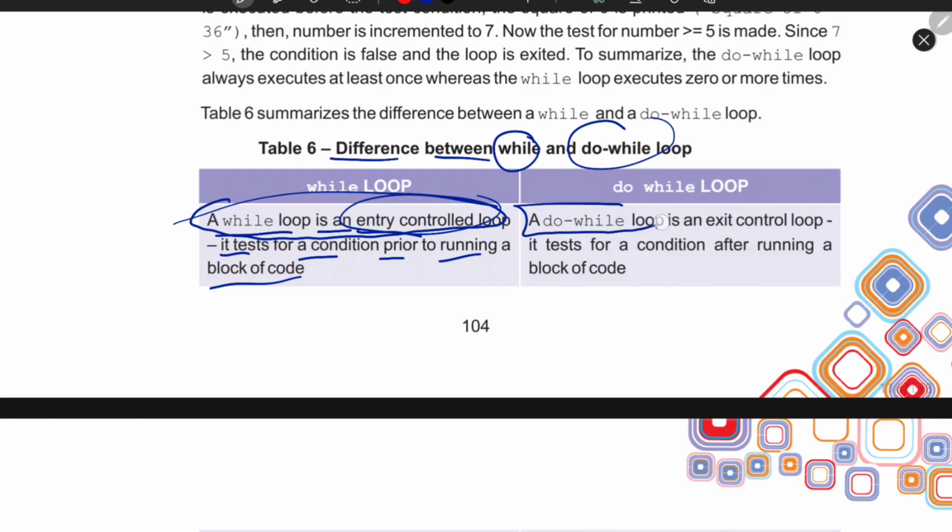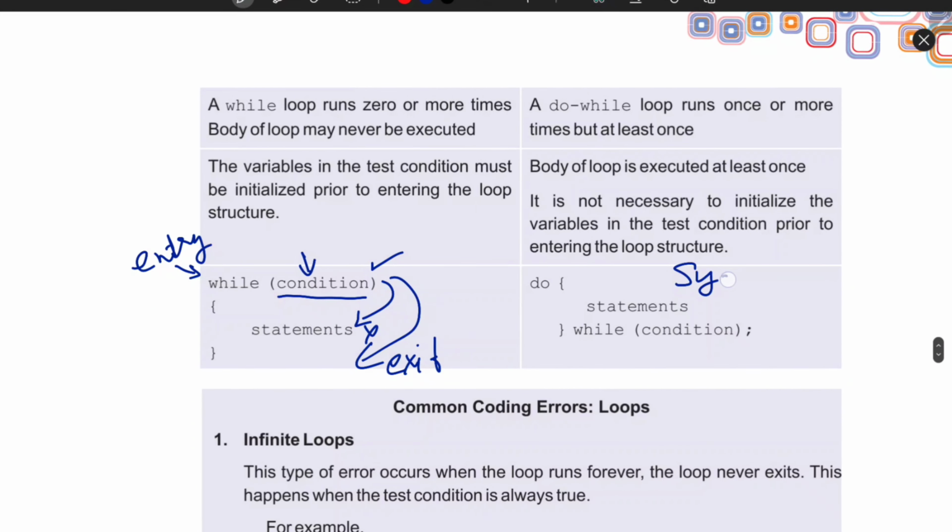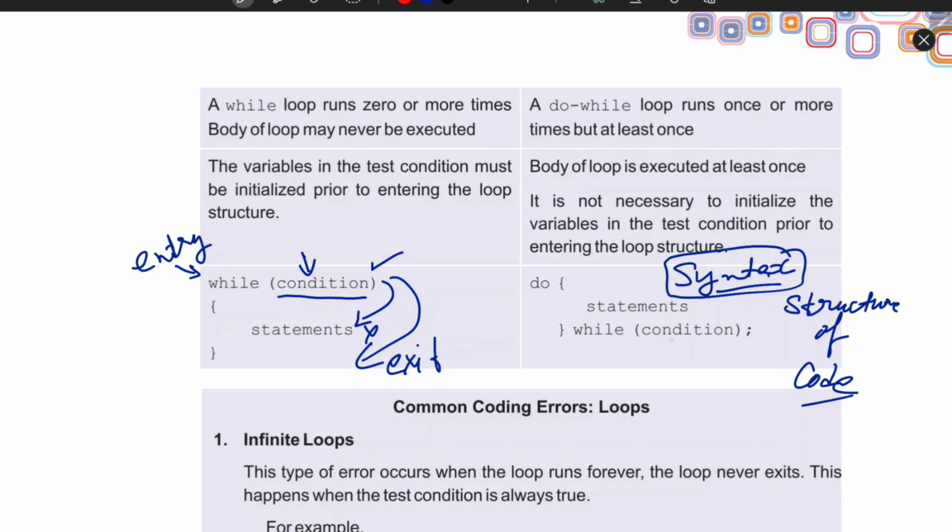And a do while loop is an exit control loop, because if you look at the syntax here, what is the meaning of syntax? I told you already in the last video. Syntax means the structure of a code. And the condition we are checking at the last, here at the exit point.